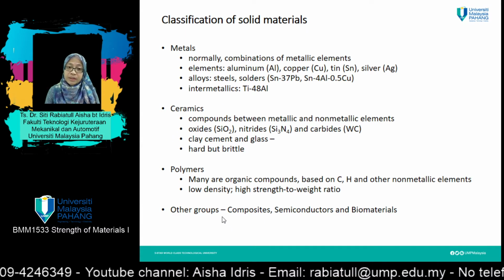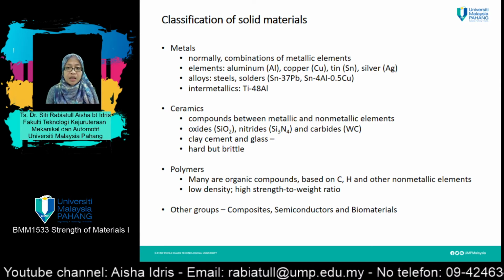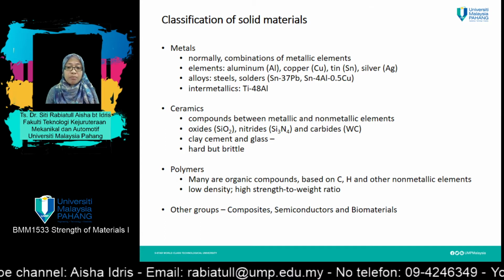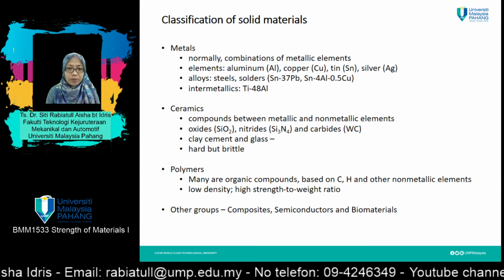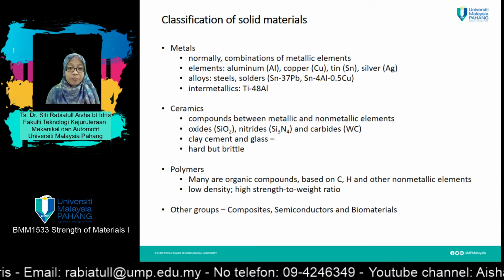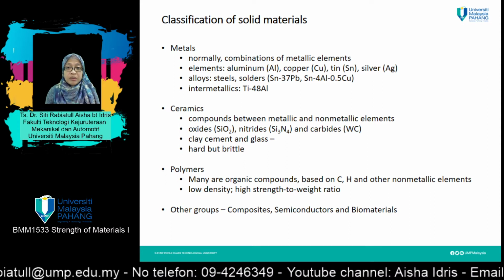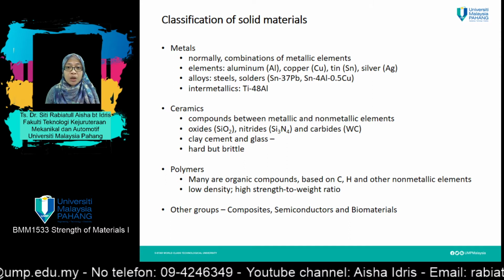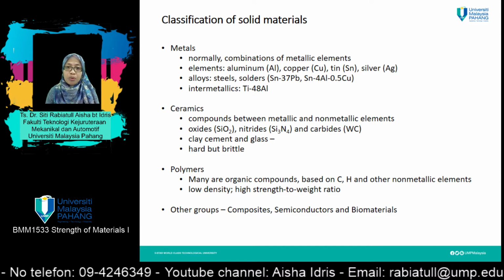There are also different types of materials that I mentioned in our earlier slide, like metals, ceramics, polymers, and other groups like composites, semiconductors, and so on. These types of materials perform in different ways, and therefore we need to decide what types of materials are going to be used in our own design.